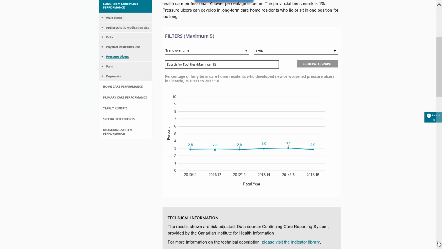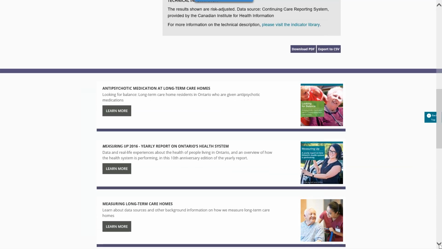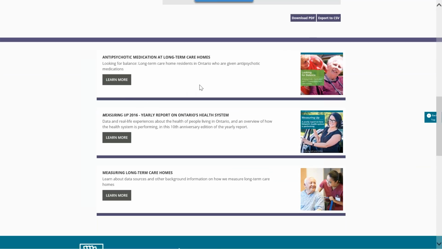And when you're looking at these numbers on the indicators, notice you can just visit the library to get the full details on each and every one of the indicators. You can download the document that shows the same information and use it for your own internal reporting. There's also some reports that have been published. This one on the antipsychotics is fairly recent.